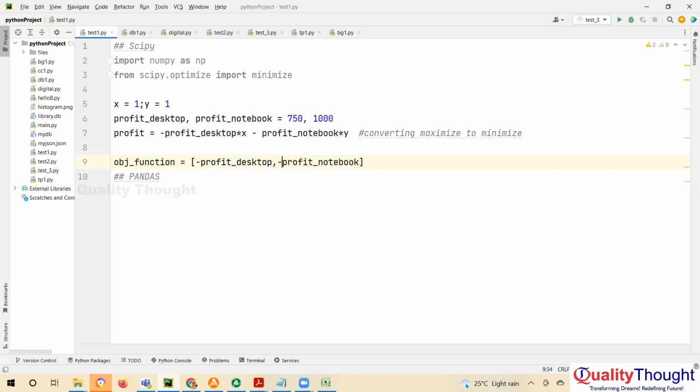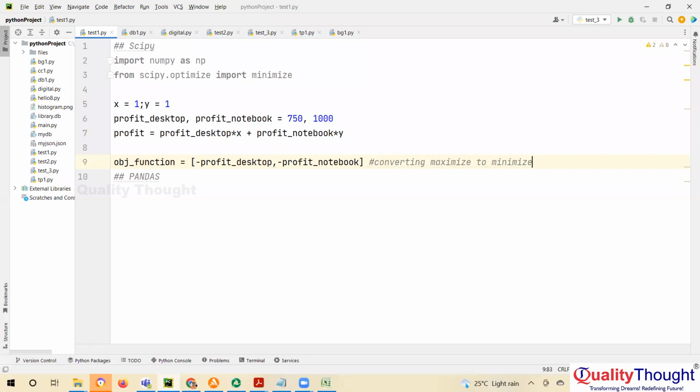So the objective function, which is profit, will be the total of this. This is where we are converting maximize to minimize. Our objective function is ready.